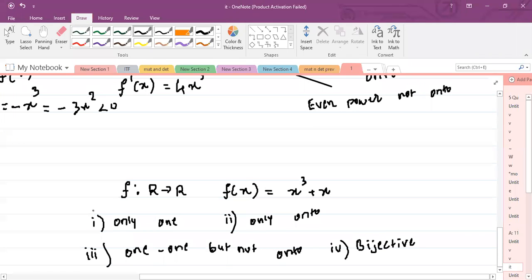Better you consider the options as A, B, C, D.